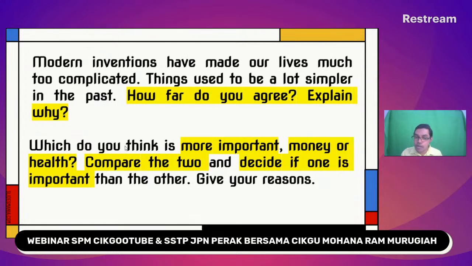If you say money is more important, you have to give reasons. If you say health is more important, you have to give reasons. If you say both are equally important, you also have to give your reasons here. So the reasons are very important. You have to give your reasons to fulfill the requirement of the question.